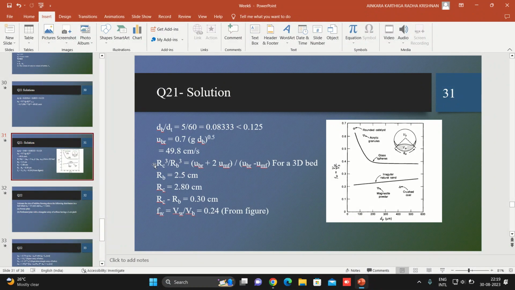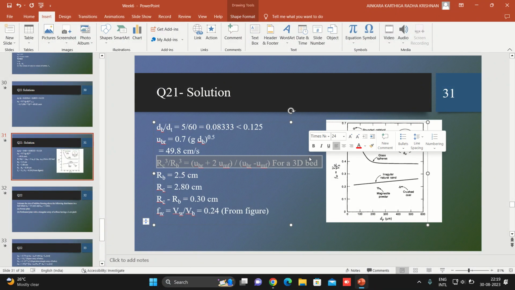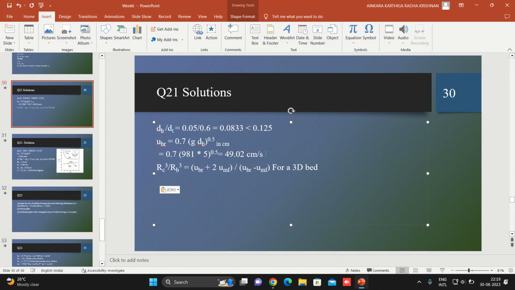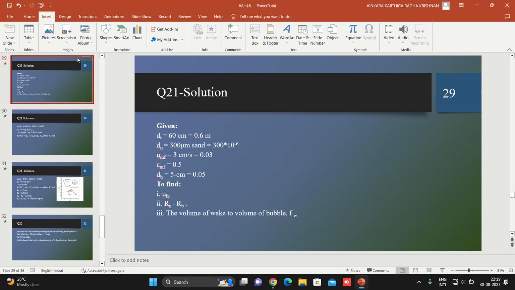Now we need to find RC cube by RB cube, which is given by this formula. That is for a 3D bed, this is the formula. So we'll substitute everything in this. We know UMF, what was the UMF again? It was 3 centimeter per second.